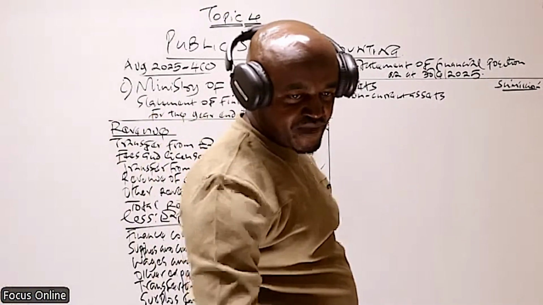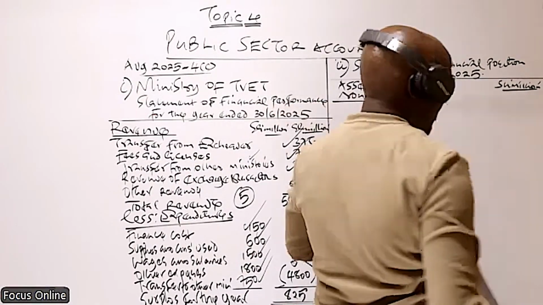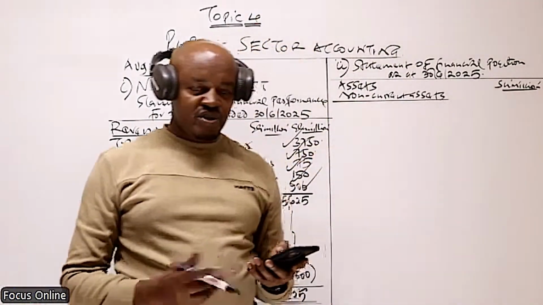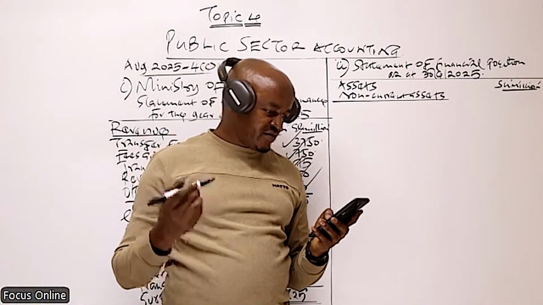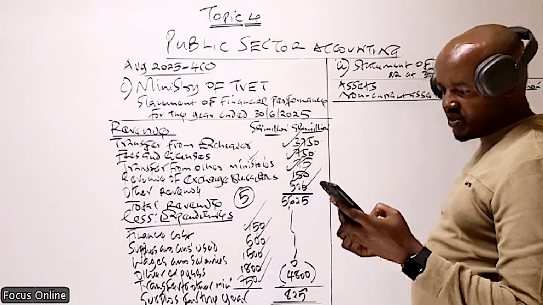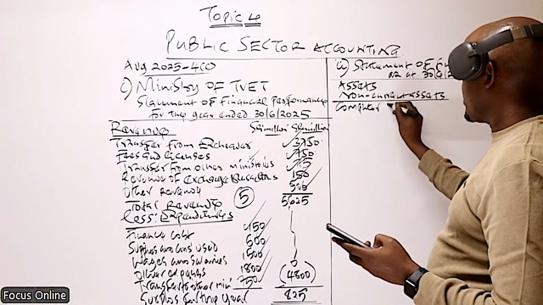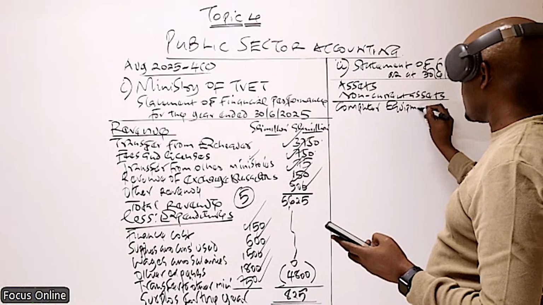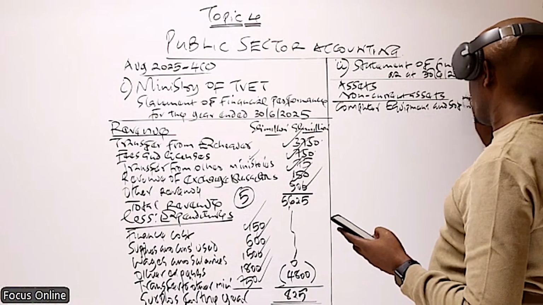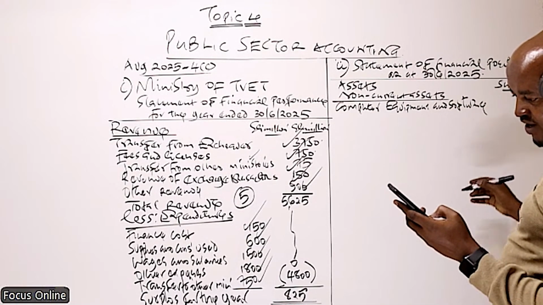So which non-current asset do we have in our case here? I think we can start from where we have computer equipment and software. Can you see that, Doris? That is an amount of 400.